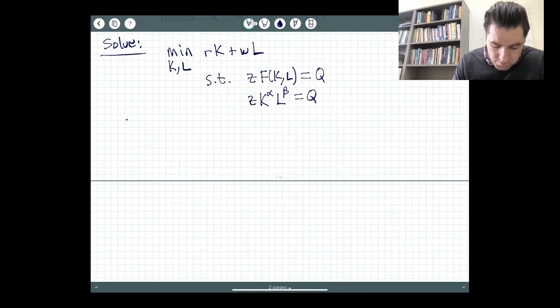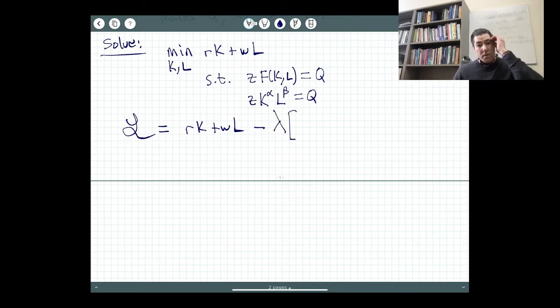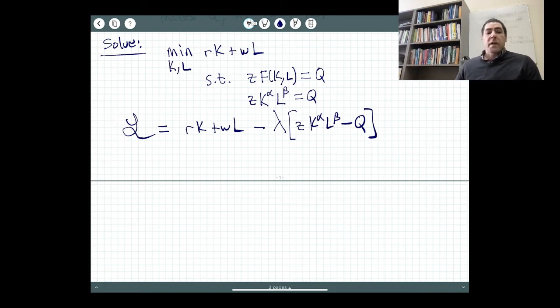I formulate my Lagrangian, fancy L, which is the objective function, RK plus WL, and then minus lambda times, actually, I'm going to do it this way, ZK to the alpha, L to the beta, minus Q. You'll see that written in this way, we're going to arrive at basically the same first order conditions that we did in the profit maximization. Same conditions. And we'll work out how to solve this.